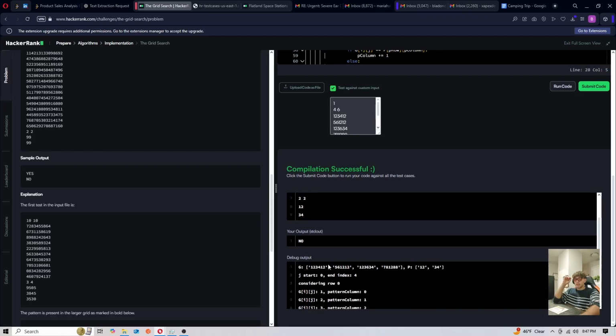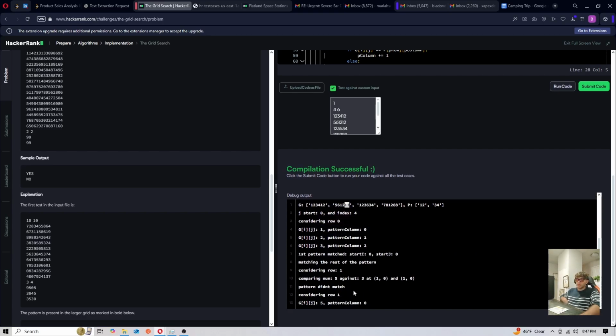Alright, so it wants us to match 12 and 34, and it would seem it doesn't match it here. So we're going to want to look for the one that considers row 1.